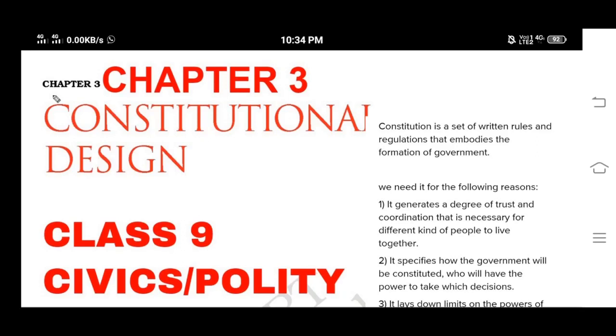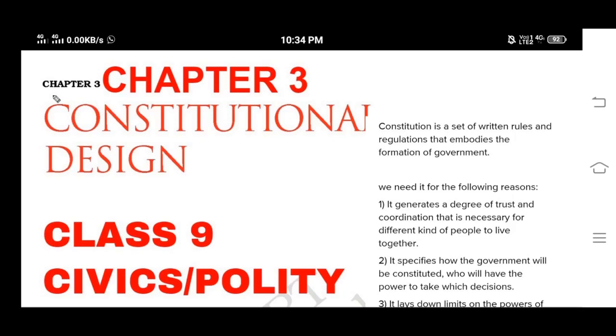First point, as I have highlighted in this video lecture, it generates a degree of trust. Trust means bharosa, and coordination. Coordination means rabt o zabt. That is necessary for different kinds of people to live together. What does it mean?